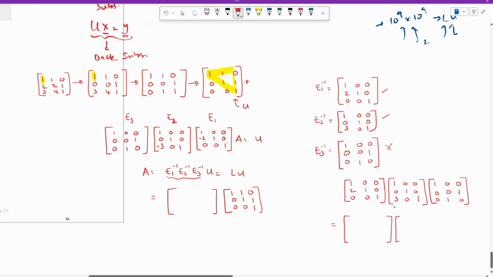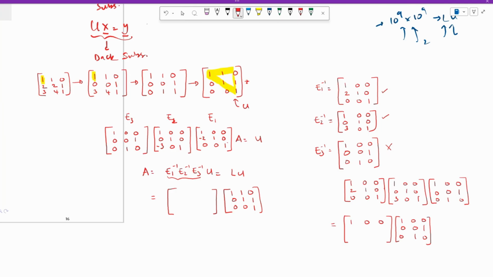I'm going to, let's say we multiply these two first. What do we get here? First row is 1, 0, 0.